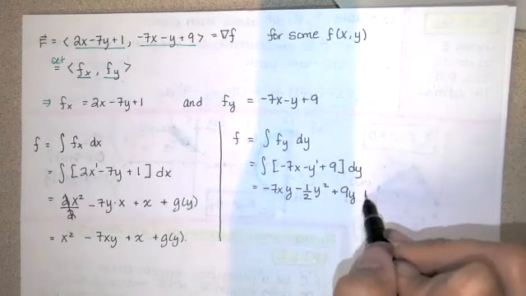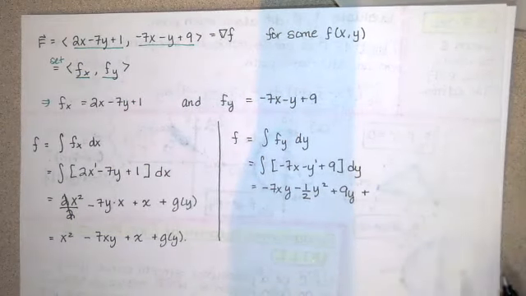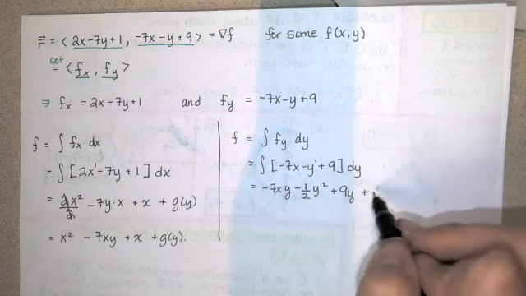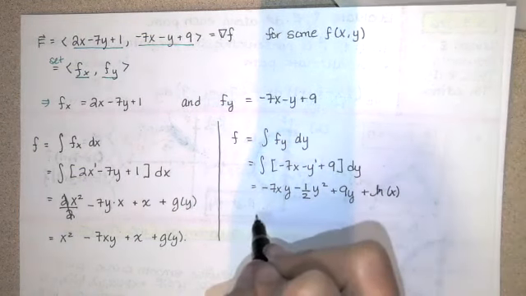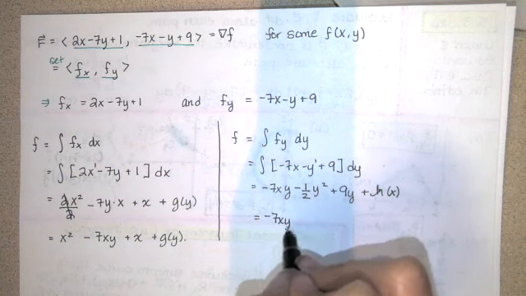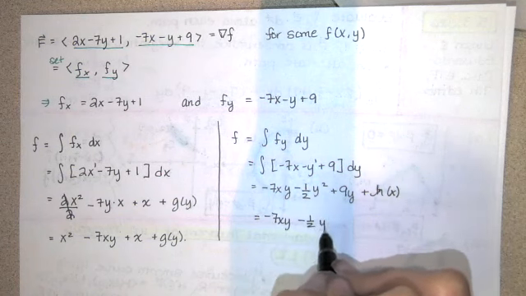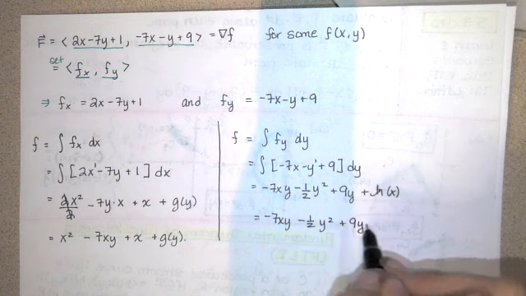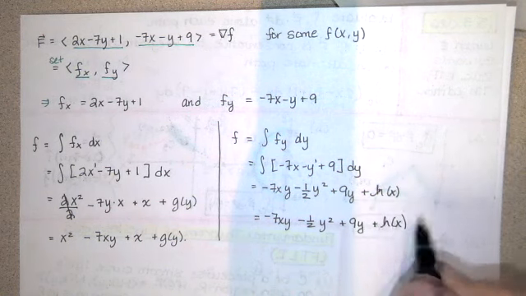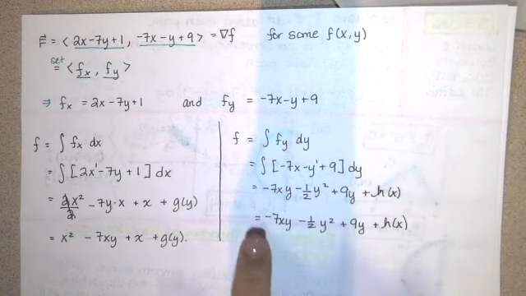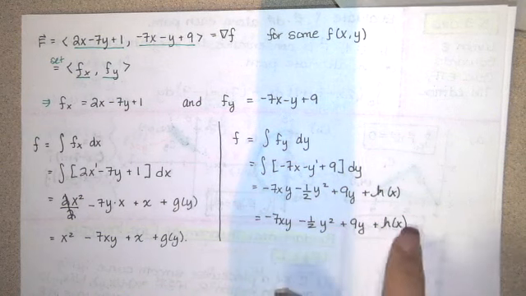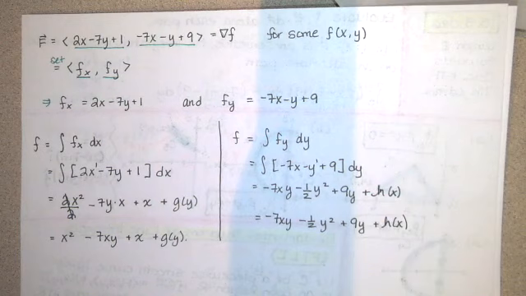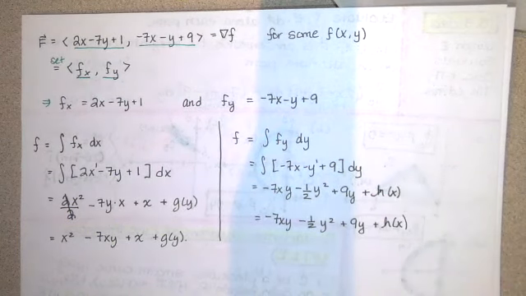And then we want to add a function that's constant with respect to y, but not necessarily with respect to x. So I'll call that h of x. And I'll simplify where I can. So I know f is equal to this. And if I take its derivative with respect to y, I get negative 7x minus y plus 9 plus the derivative of a function of x with respect to y, treating x as a constant, which would be 0.